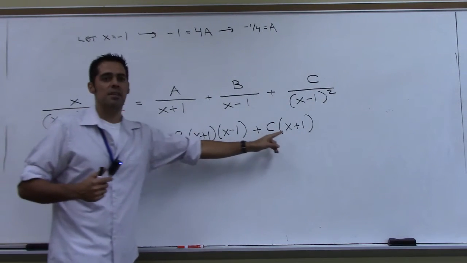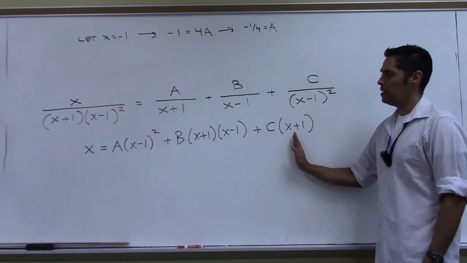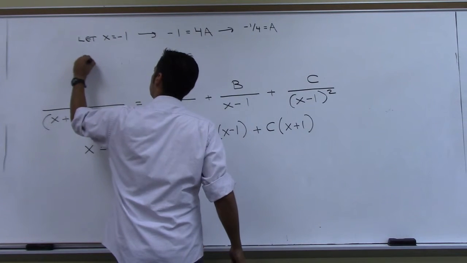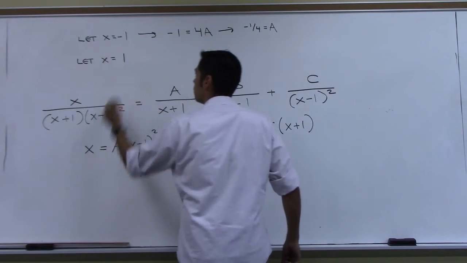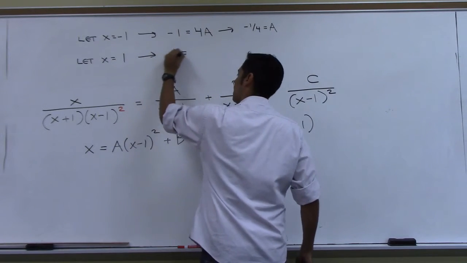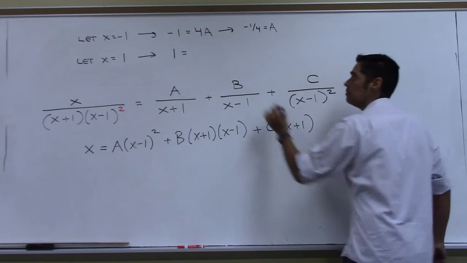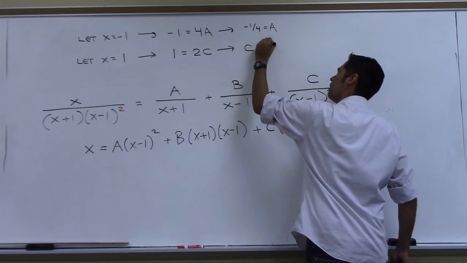So let's try and get c. How can I get c? By letting x be what? 1? Let x be 1. And if x is 1, we get 1 equals, gone, what, 2c? So c is a half.